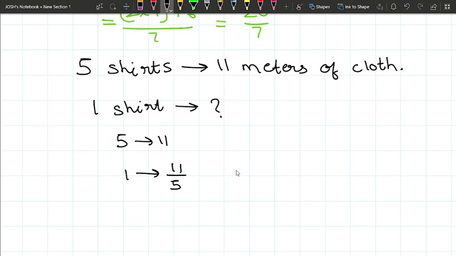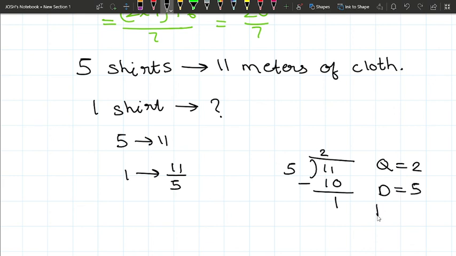So let us write 11 divided by 5 in mixed fraction. When you divide, you get quotient to be 2. So quotient is 2, divisor is 5 and remainder is 1. So convert in mixed fraction, Q R D, D for divisor, D for denominator. So it becomes 2, then here your remainder is 1 and divisor is 5.